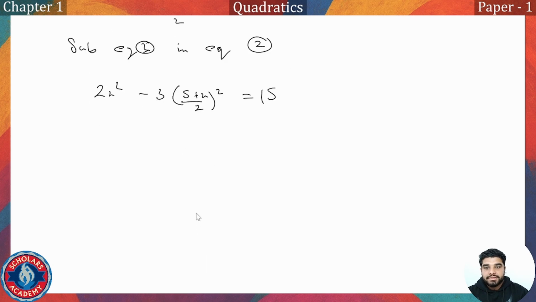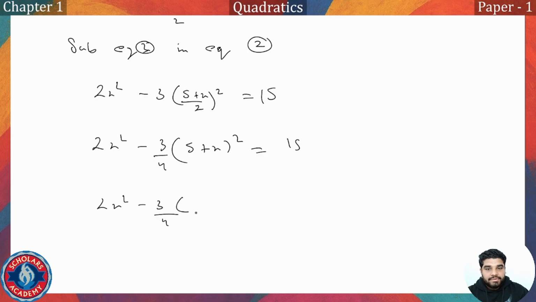We'll simplify this, we get 2x square minus 3, and let's bring this 2 outside, so square of 2 is 4, and we are left with (5 plus x) whole square is equal to 15. 2x square minus 3 by 4, so we get (25 plus x square plus 10x) is equal to 15.